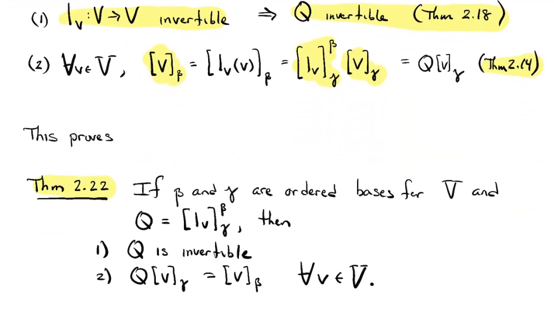Theorem 2.22 says if you take two ordered bases for your vector space, and you let Q be the matrix of the identity map from gamma to beta, then first of all, Q is invertible, we proved it. And second of all, if you left multiply Q by the coordinates of a vector in the gamma basis, you're going to get the coordinates of the vector in the beta basis. That's true for every vector. Cool.